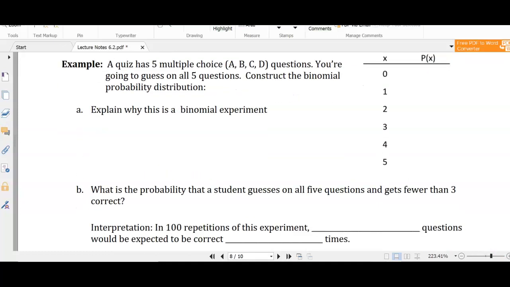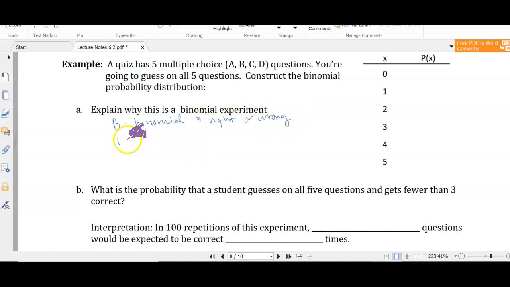A quiz has 5 multiple choice A, B, C, and D questions. You're going to guess on all 5 questions. Construct the binomial probability distribution. You have to see that this is a binomial distribution. B, because we have 2 outcomes. We get it right or wrong.